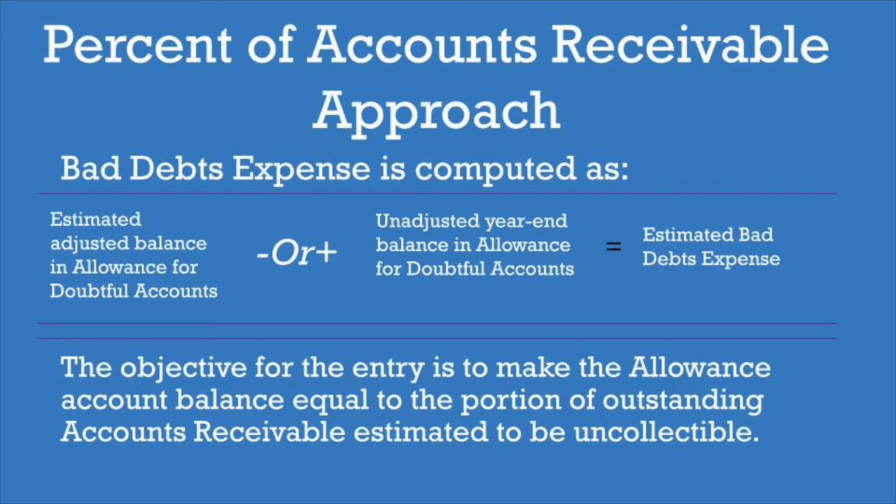So the estimated adjusted balance in allowance for doubtful accounts, plus or minus the existing balance in allowance for doubtful accounts, will equal the estimated bad debt expense for the year. The objective for the entry is to make the allowance account balance equal the portion of outstanding accounts receivable estimated to be uncollectible.